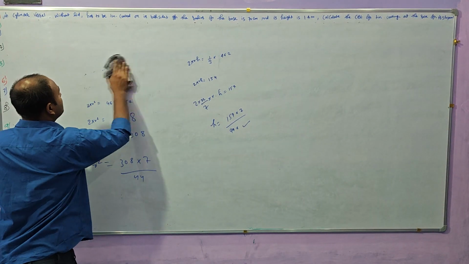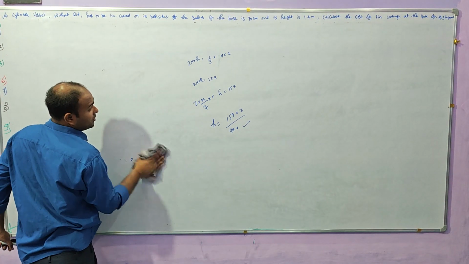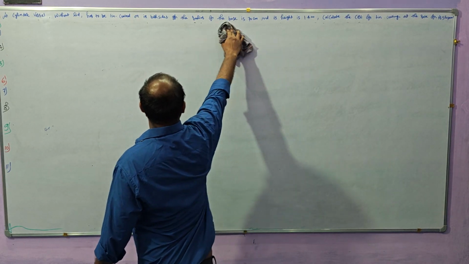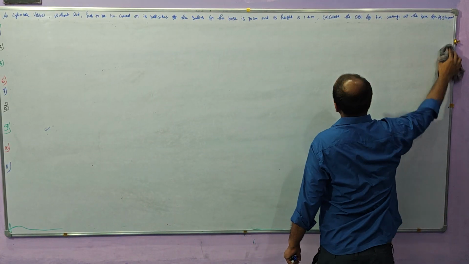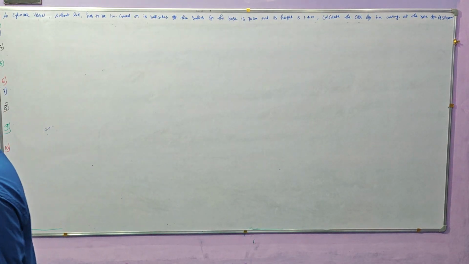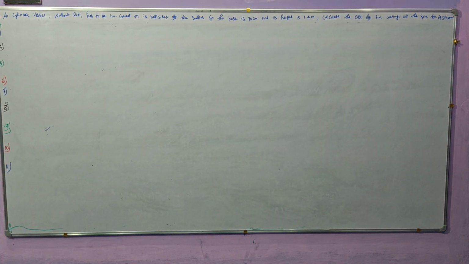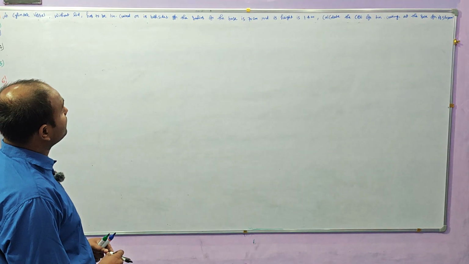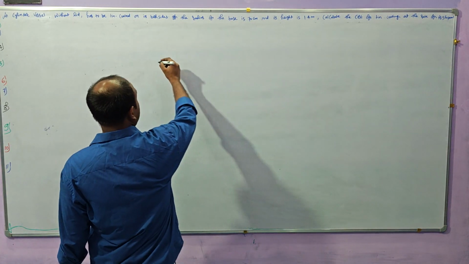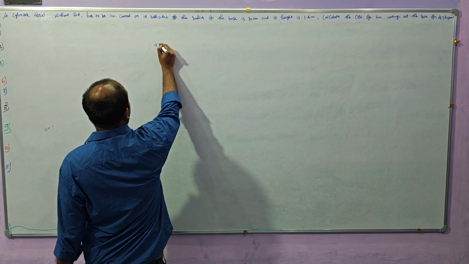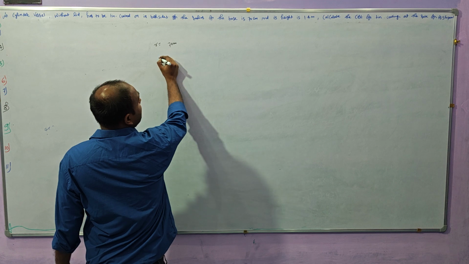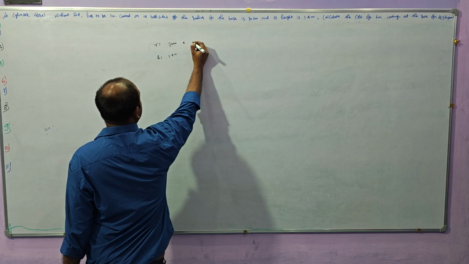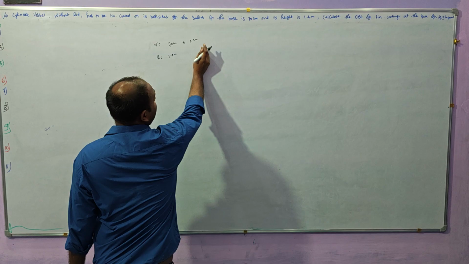So radius of base is what? r is equal to 70 centimeter and height is 1.4 meter. So r becomes 0.7 meter.